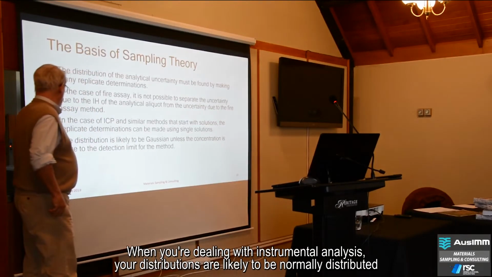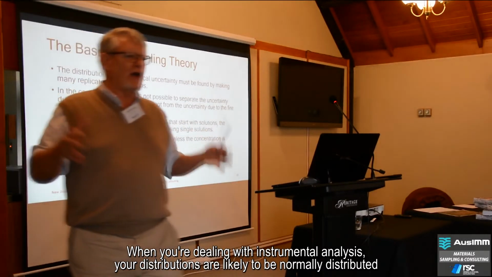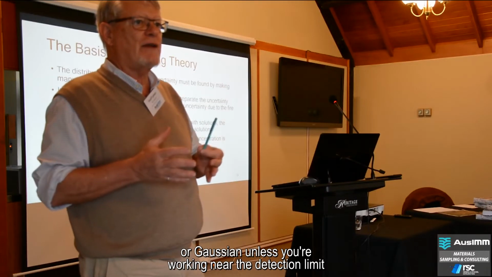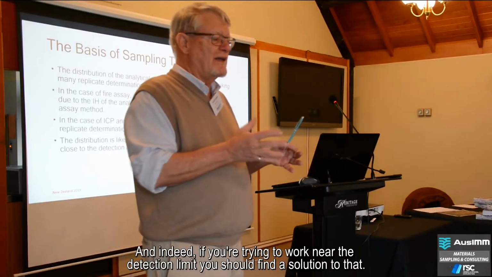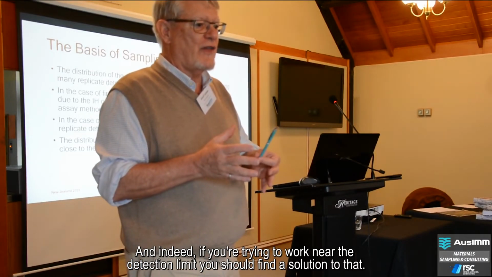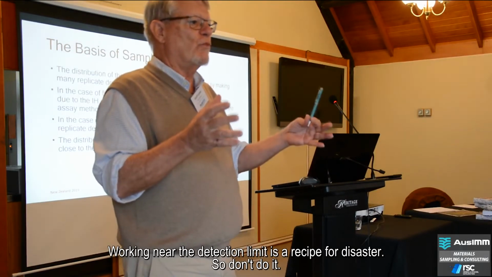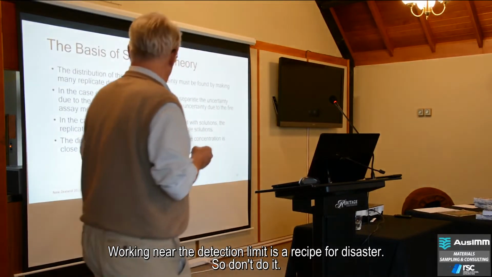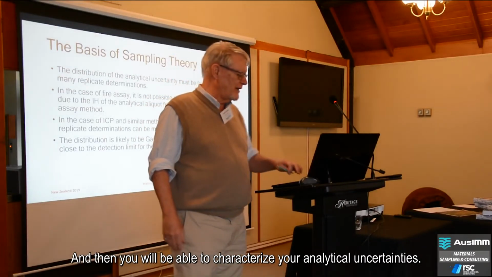When you're dealing with instrumental analyses, your distributions are likely to be normally distributed or Gaussian, unless you're working near the detection limit for that particular element on that particular instrument. And indeed, if you're trying to work near the detection limit, you should find a solution to that. You either get a better instrument or a different method. Working near the detection limit is a recipe for disaster. So don't do it, and then you will be able to characterize your analytical uncertainties.